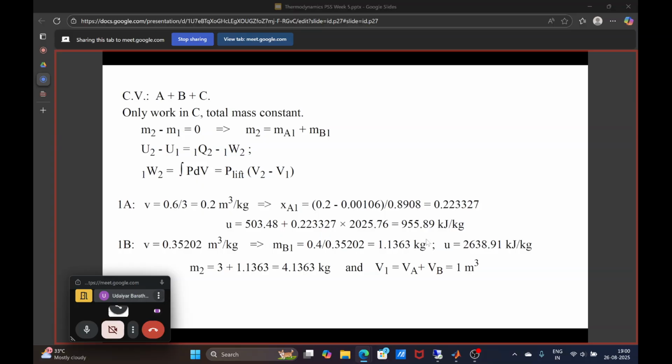And the internal energy, straight away for 600 kilopascal and 200 degrees Celsius, is 238.91 kilojoule per kg. So the total mass now is 3 plus 1.1363, which comes out to be 4.1363 kg, and the volume is the volume occupied by A and the volume occupied by B, which is 1 meter cube.